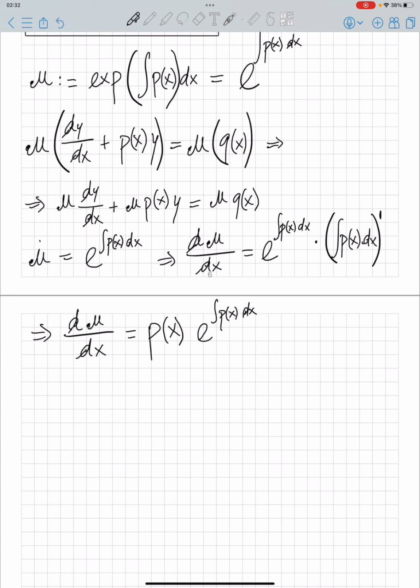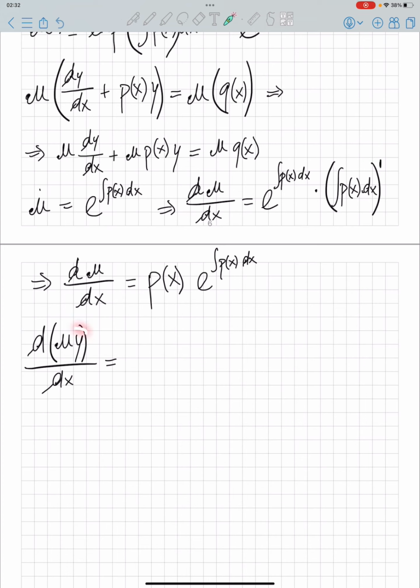Now we're gonna find this differentiation of mu y with respect to x. This is a product, so we can use the product rule. The differentiation of the first, right, times the second plus the differentiation of the second times the first, so mu times differentiation of the second, right?